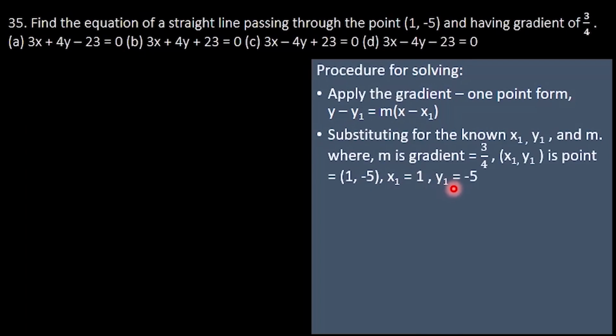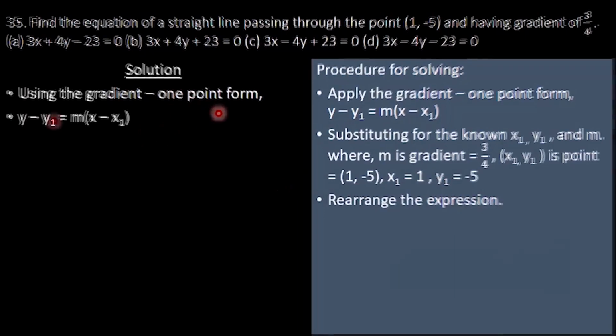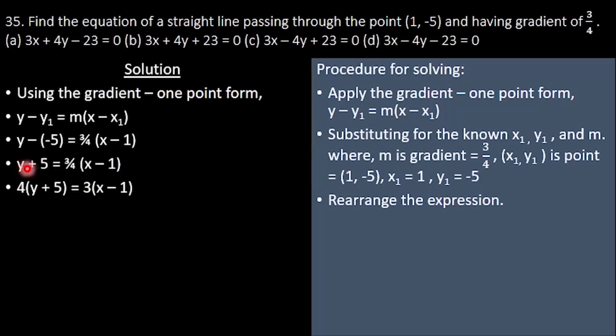Then rearrange the expression. The solution for this, using the gradient-one-point form: y minus y1 is equal to m open the bracket x minus x1. Then substitute our y1, we know our y1 to be minus 5, equal to our m, which is 3 over 4, open the bracket x minus our x1, which is 1. 4y plus 20 equals 3 times x, 3x minus 3 times 1, we have 3.